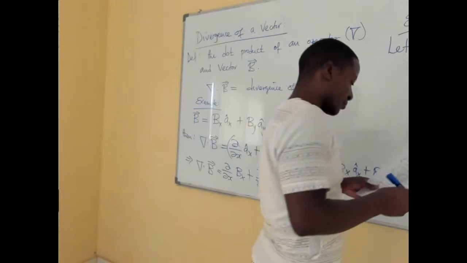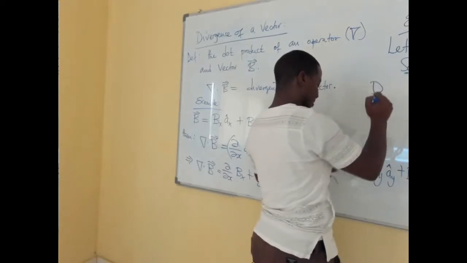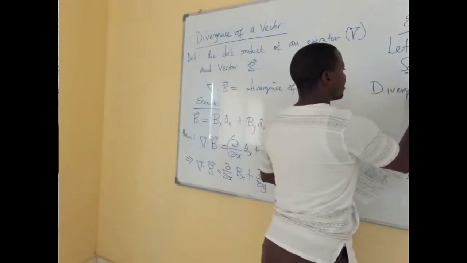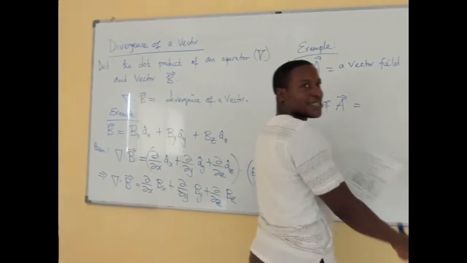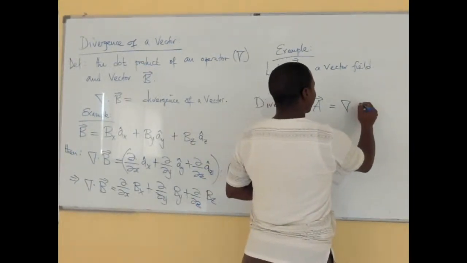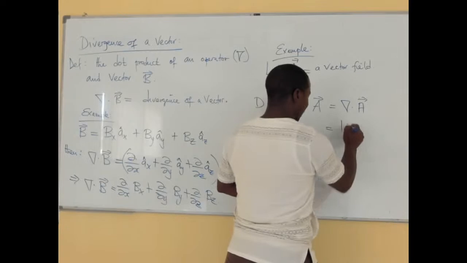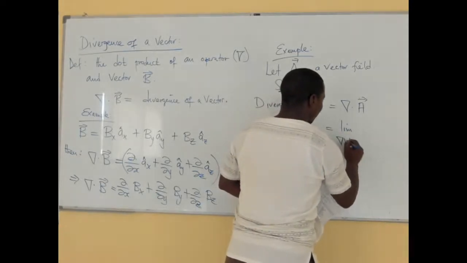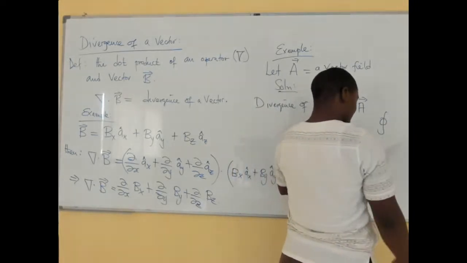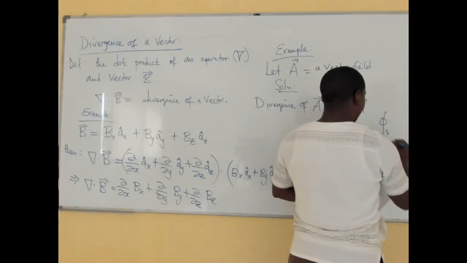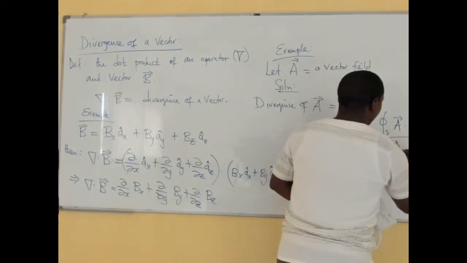All right. So that means for our solution, the divergence of A, which is the same as del dot A, this must be equal to the limit as this change in V approaches 0 of our integral, which is the surface integral, that is A dot dS over the change in the volume.